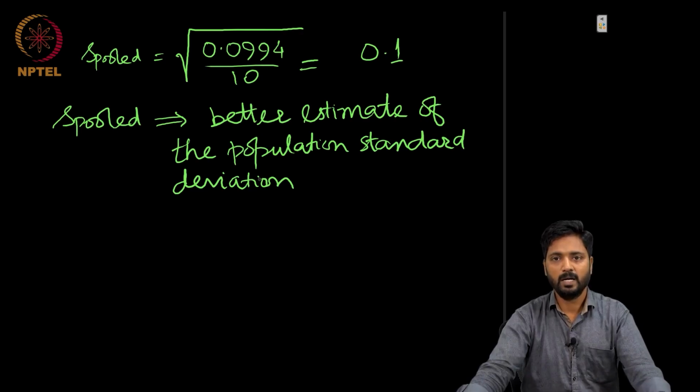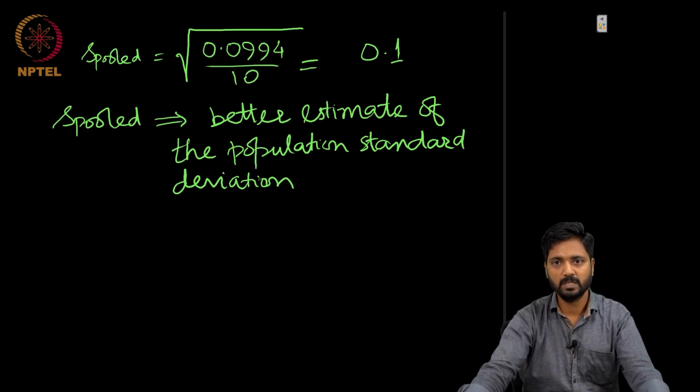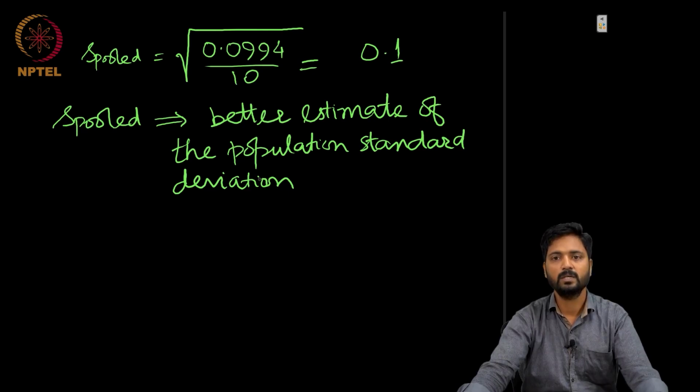So I hope you would have understood how this pooling of the data is to be done and what is the protocol to be employed to obtain S pooled value or the standard deviation value for this pooled data set, taking into consideration the various readings in individual samples.